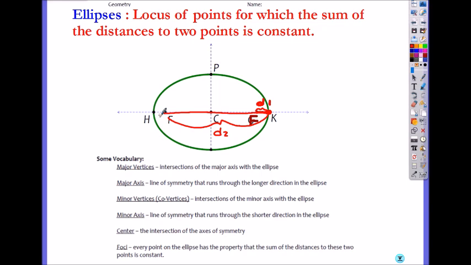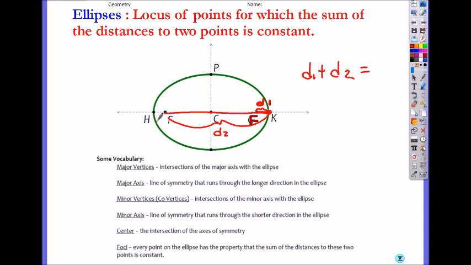But based on this, isn't D1 plus D2 equal to what? You see how this distance will be the same as this distance.